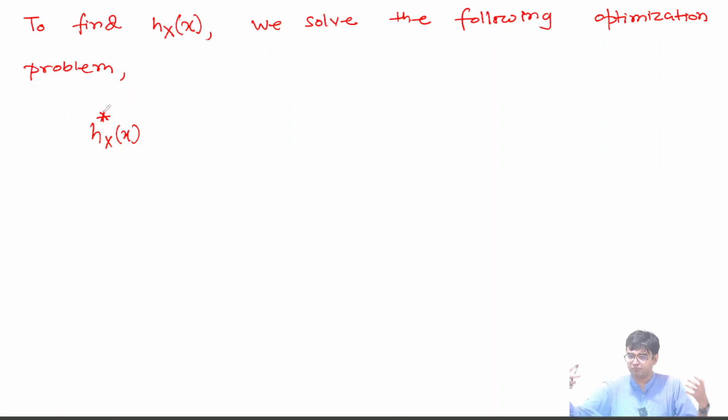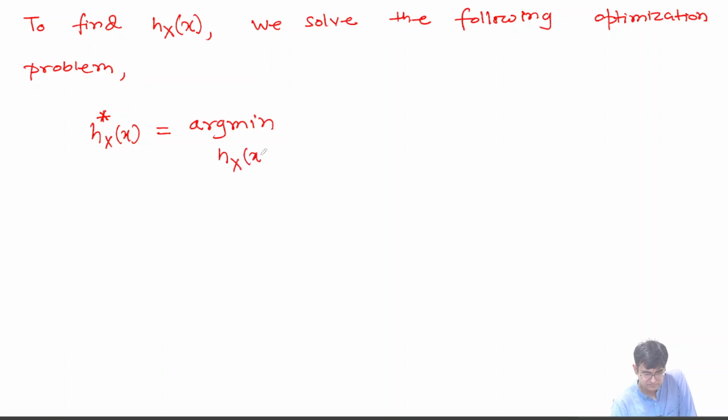Among the different possible hxx, I am going to select one which should minimize the variance, right? Variance of the estimator. So variance of PF hat.